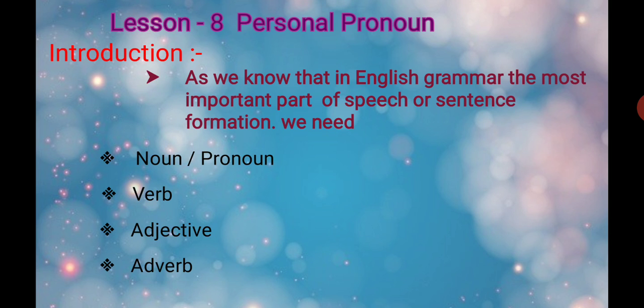It means if we want to make a grammatically correct sentence, we need these four topics in a sentence. Which are they? Noun or pronoun, verb, adjective and adverb. We already learnt about noun, verb, adjective and adverb. But today we are going to learn about pronoun.